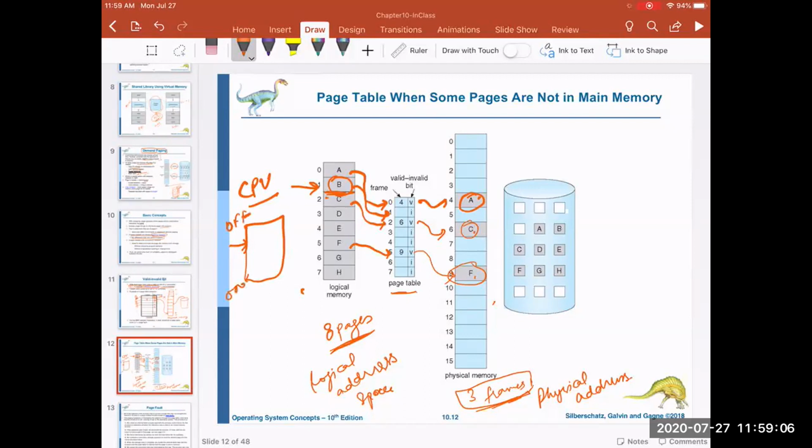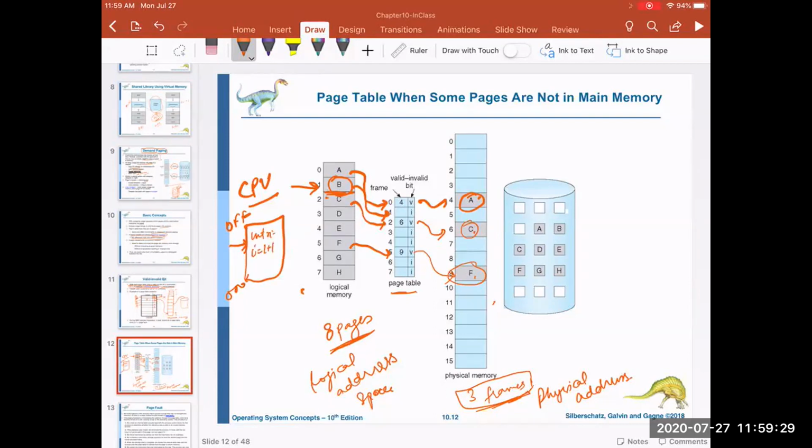Here is 000, so it tries to access something written from here. But this is a logical address space, do not confuse. This is how your program is. You have written the instructions, so let us suppose you have written int I, and then you do I = I + 1.